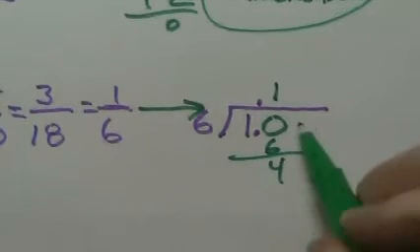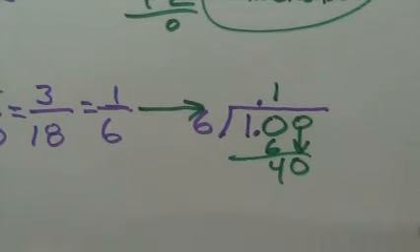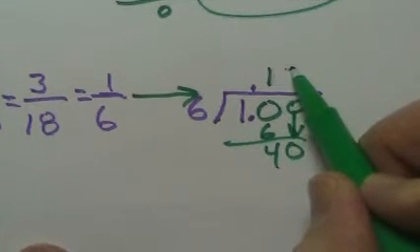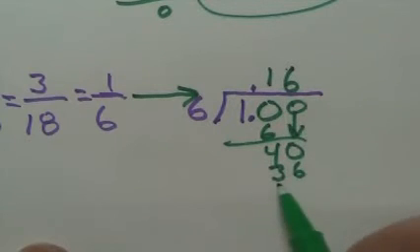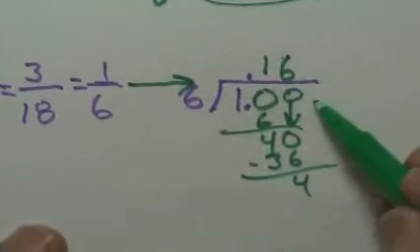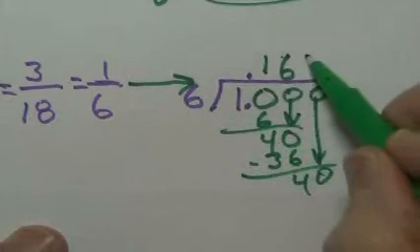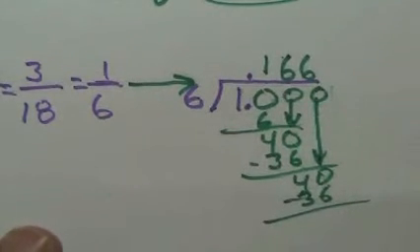It gives me 4 left over. Add a 0. 6 goes into 40. 6 times 7 is 42, so it must be 6 times 6. That's 36. And that's going to give me a 4 again. So it looks like it's repeating itself. So it keeps on repeating itself.